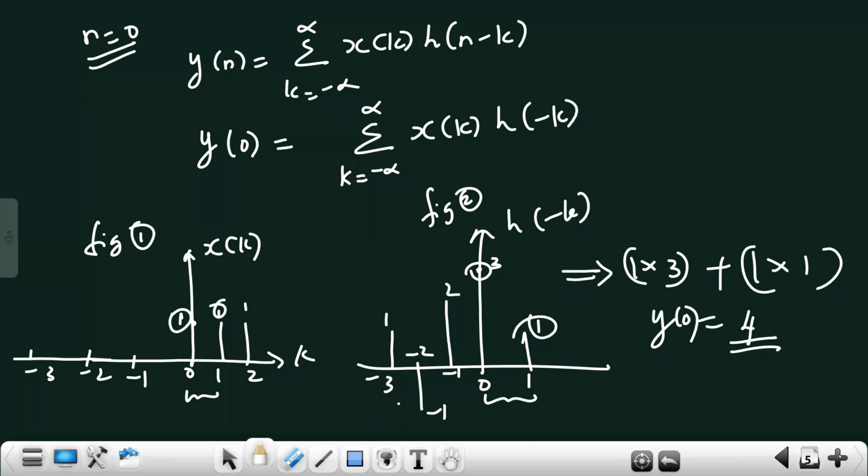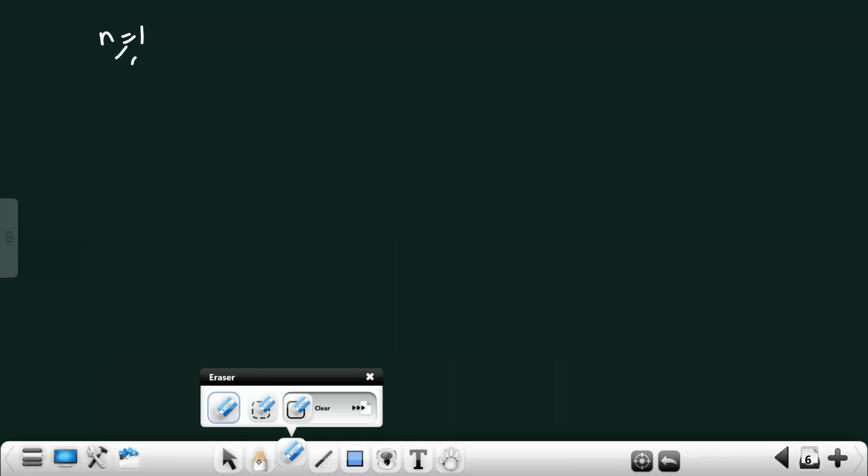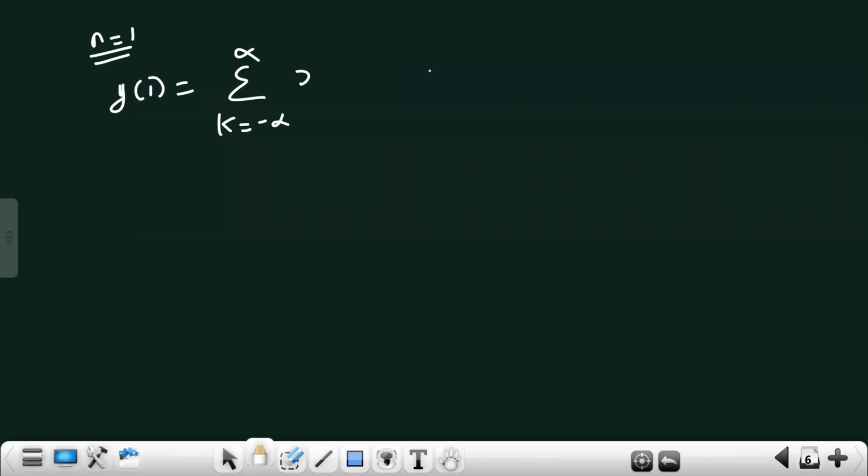So now I will go for n equal to 1. y of 1 is equal to sigma k equal to minus infinity to infinity x of k into h of n minus k. This was the equation to find the output. So you need to substitute n equal to 1.